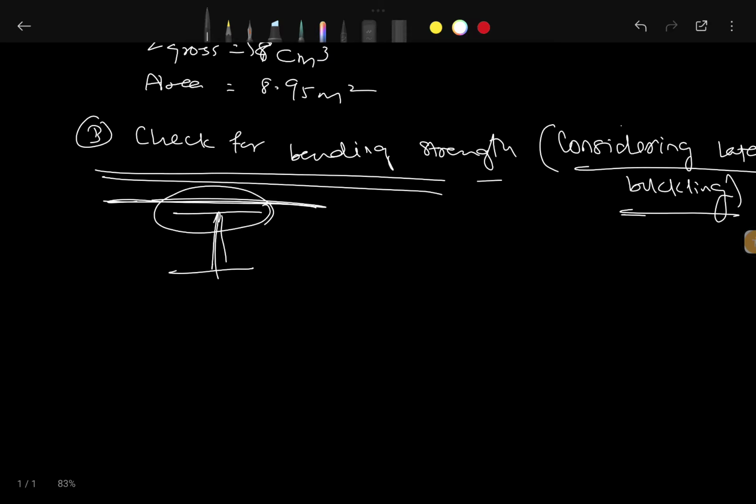So this top flange has lateral restraint, and that's why LTB, lateral torsional buckling, is prevented. We only need to check the section capacity based on effective width.